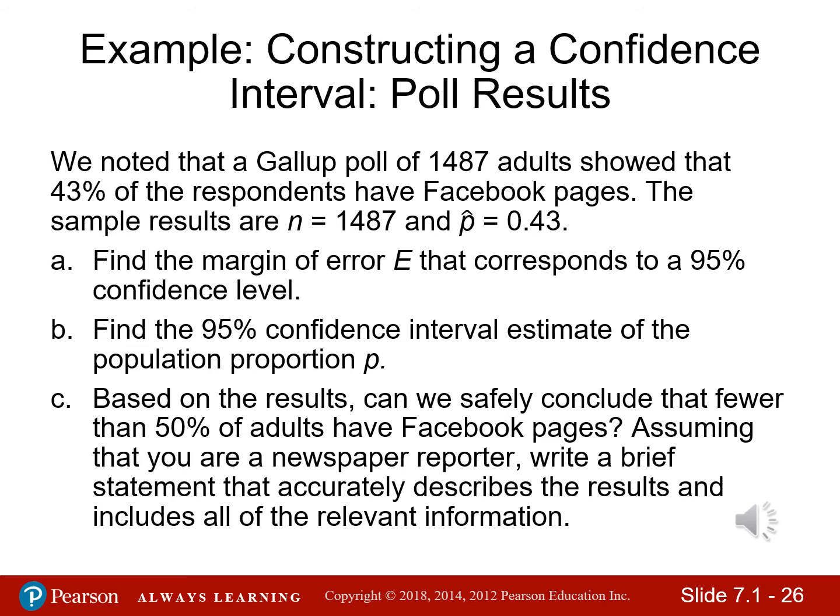Let's also find the 95% interval estimates of the population proportion p. And finally, based on these results, can we safely conclude that fewer than 50% of adults have a Facebook page? Assuming that you are a newspaper reporter, write a brief statement that accurately describes the results of this study and include all of the relevant information.